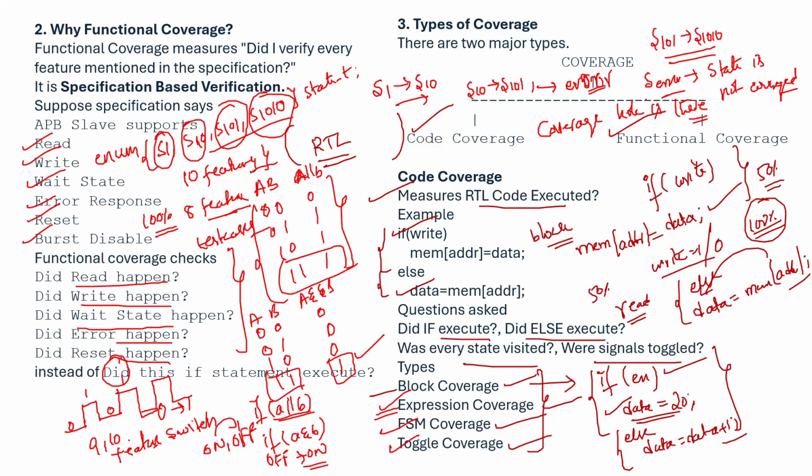That means functional coverage covers whatever features you verified and mentioned. So it gives you 100% coverage, but you have not verified the full specification. It does not automatically mean that every specification requirement is met. You need to check whether your specification covers all the scenarios or not. That is what functional coverage tells you.